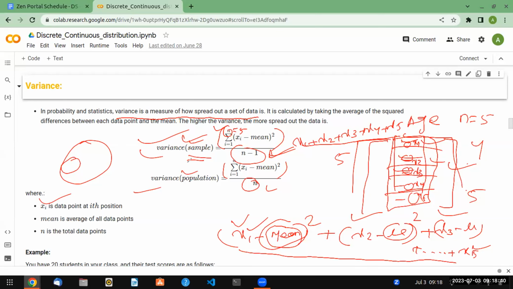This is called degree of freedom. We'll come to what degree of freedom is. Because of the degree of freedom, sample data will always be minus 1. This has a mathematical statistical proof also. Research papers prove why we need to divide by n minus 1 in a sample and why in a population you divide only by n. But the main concept is that both are variance, and this tells you how your data is spread out.